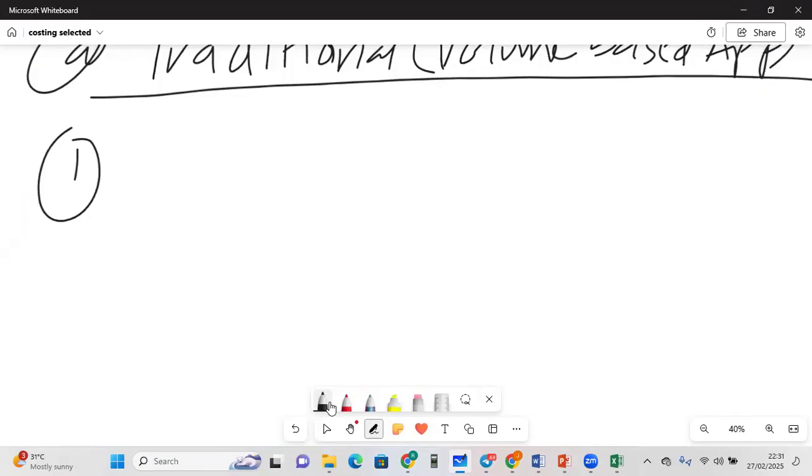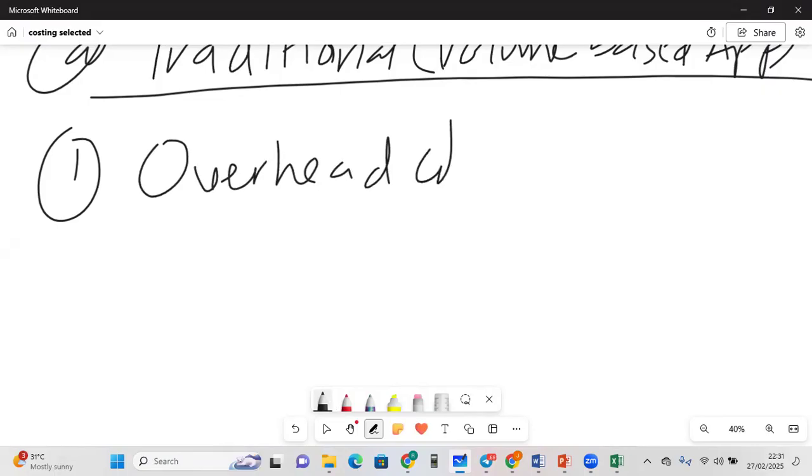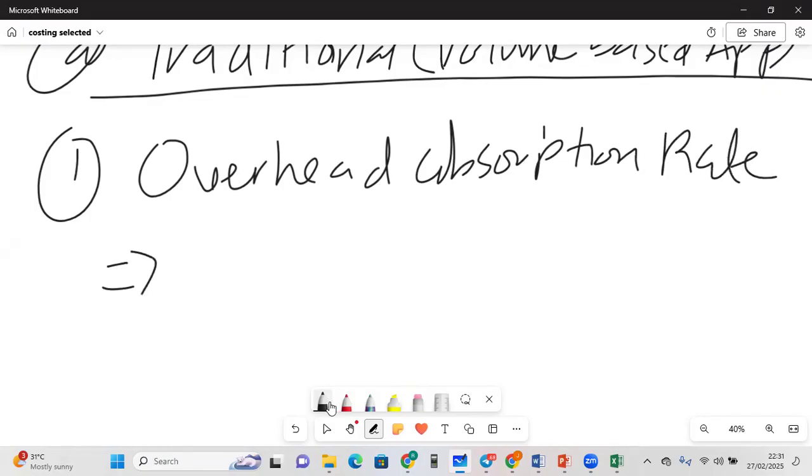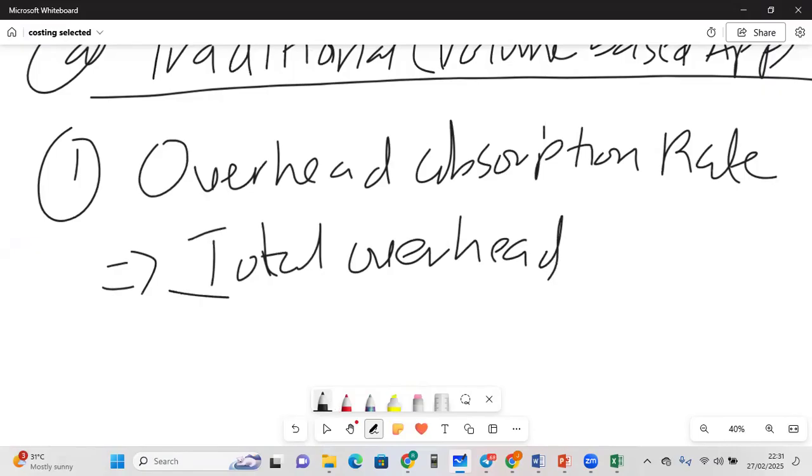So now we first have to solve for the overhead absorption rate. The overhead absorption rate is given as the total budgeted overhead all over the hours.